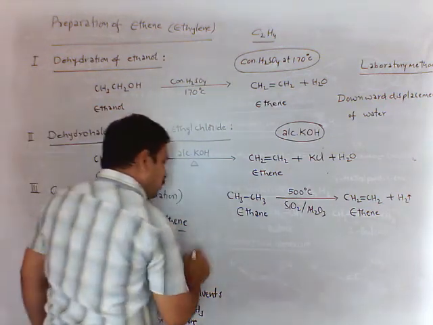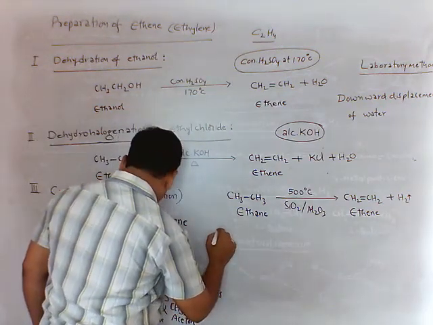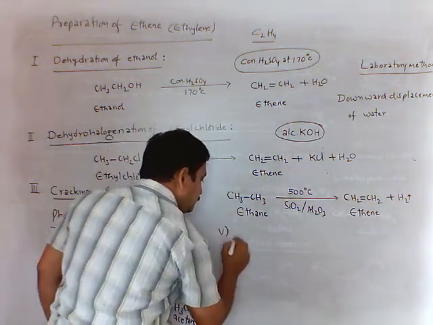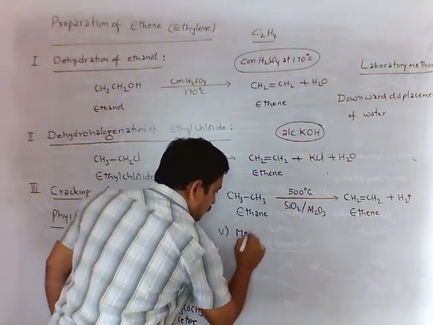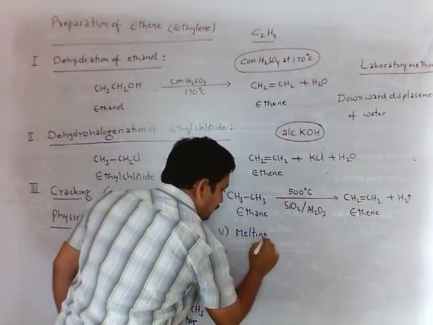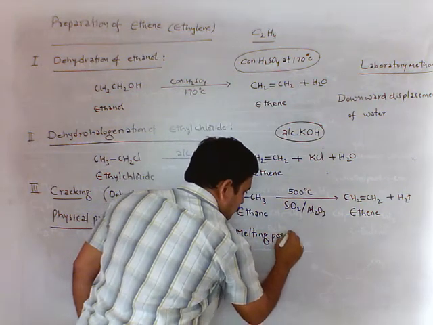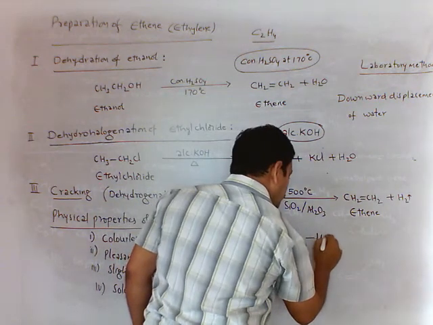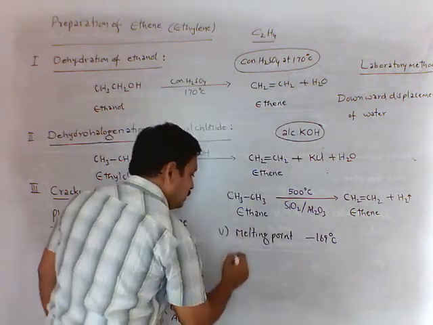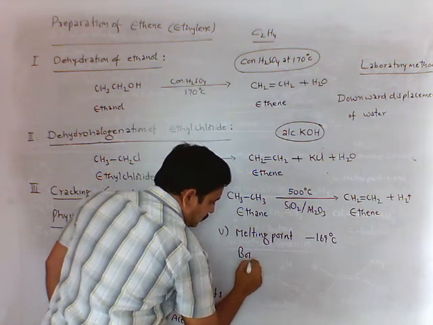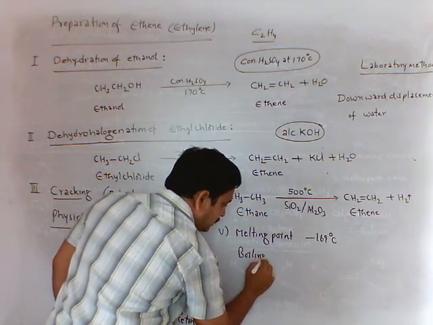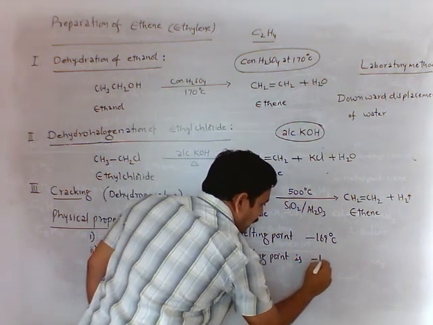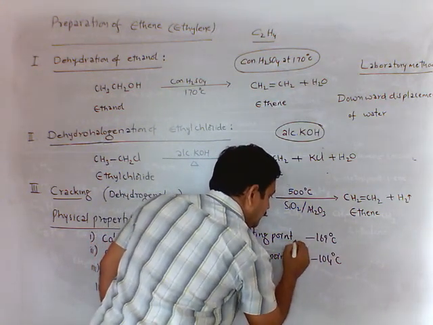And the fifth point is its melting and boiling points. The melting point of ethene is minus 169 degrees Celsius and the boiling point is minus 104 degrees Celsius.